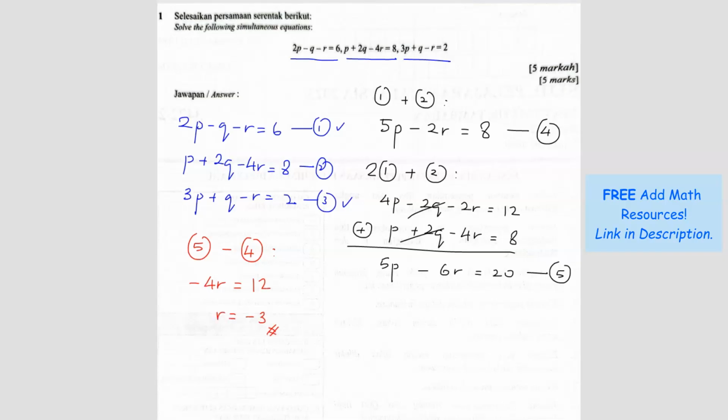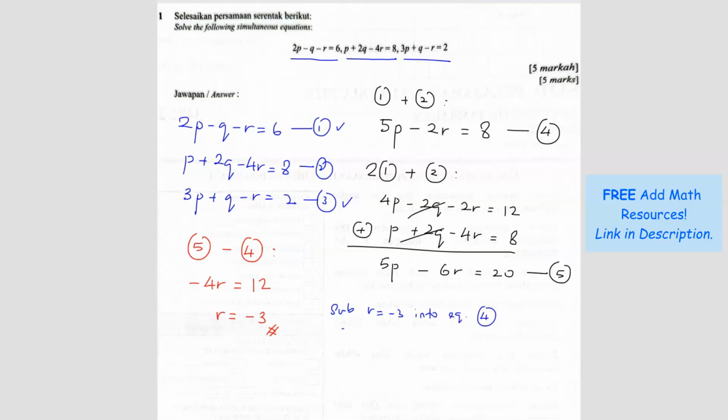Okay, so we found the first one. So now we can find the second one by substituting in either equation 4 or equation 5. I'm going to use 4. So equation 4, substitute R equals negative 3 into equation 4.